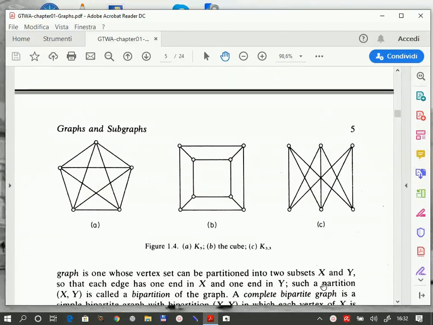Okay, so you can have, this is called K32, for instance, you don't have necessarily that. Okay. Good. You had a conjecture, we have a counterexample.